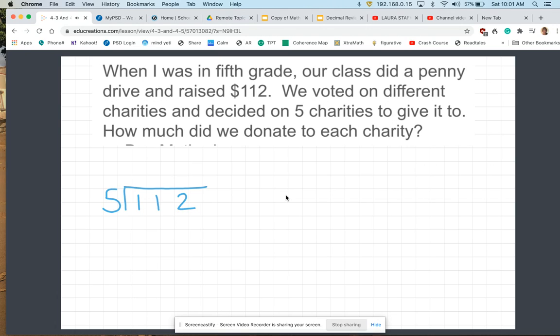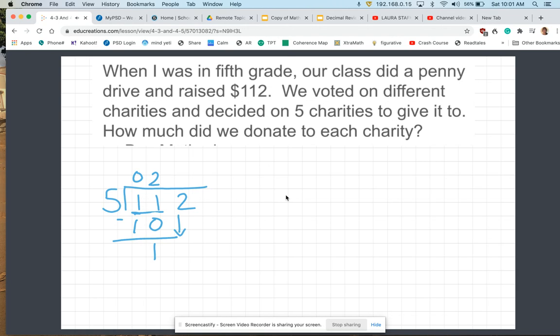So how many times can 5 go into 11 is my first question. If you're visualizing what I did with the place value blocks, I have already in my mind decided that 5 can't go into 1. And so I just moved right to 5 going into 11. I can tell pretty quickly because 5 times 2 is 10. So I'm going to go 5 times 2 is 10, and I'm going to subtract.